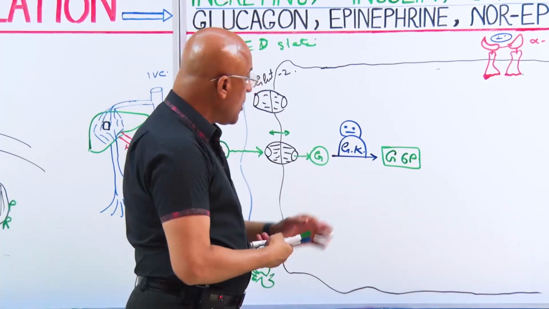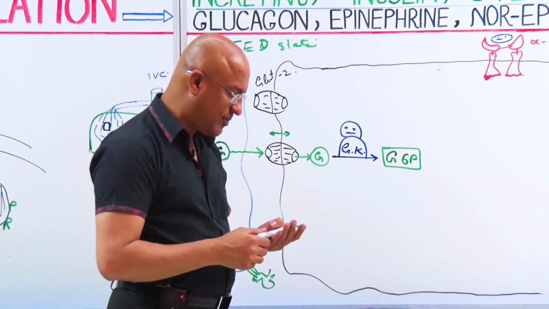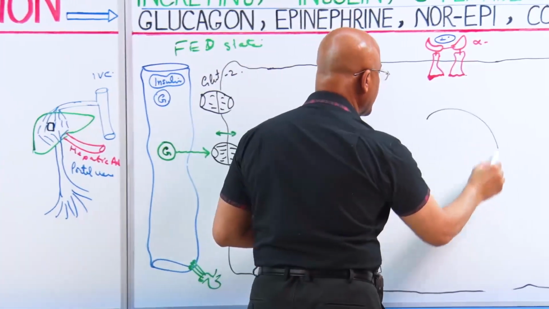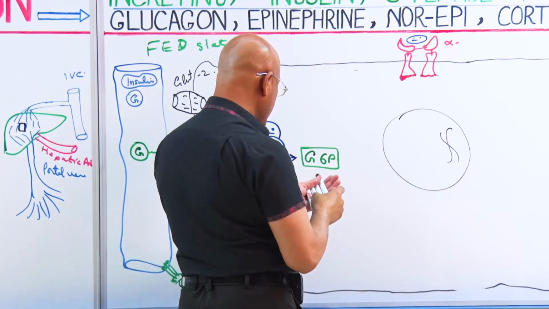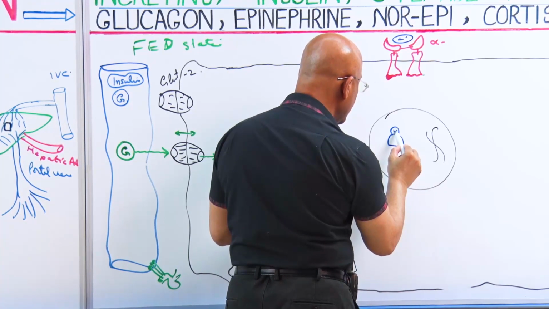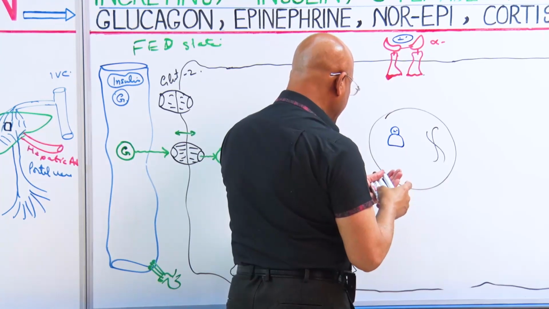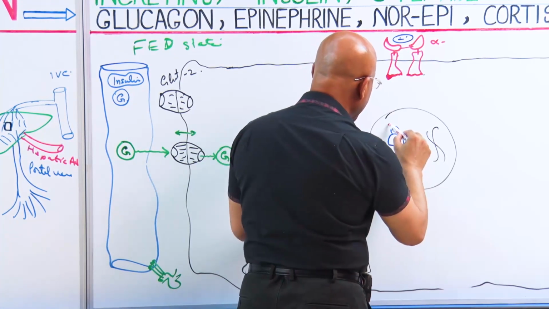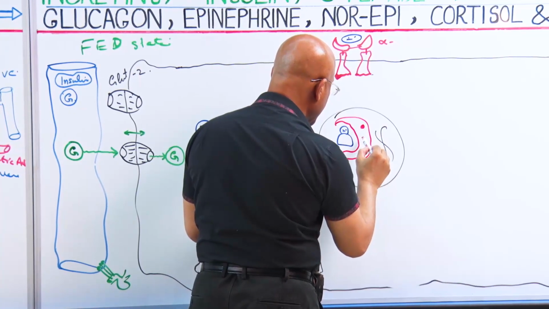Now where was this enzyme before the glucose came? It's very interesting. Previously this enzyme was present in the nucleus of the hepatocyte, and it was kept there by a special regulatory protein.